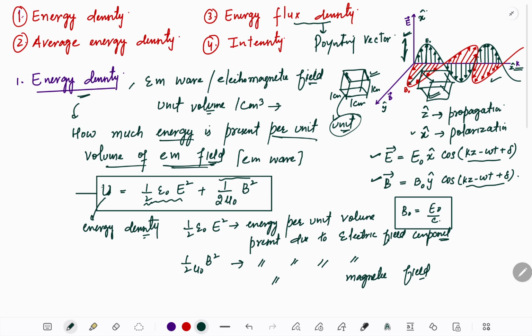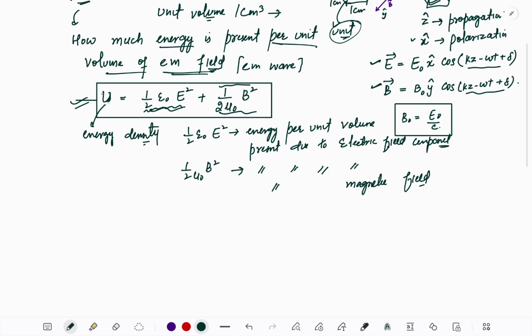Let's take a unit volume here somewhere. Both the electric field and the magnetic field are present there, oscillating. So the electric field contribution is this much and the magnetic field contribution is this much, so this is actually the energy density.